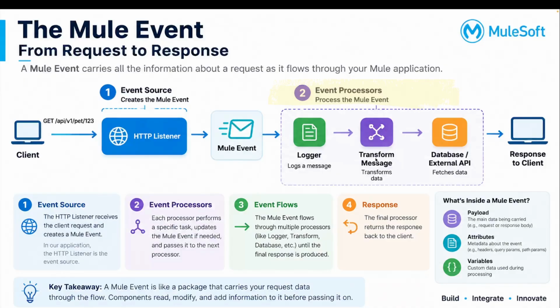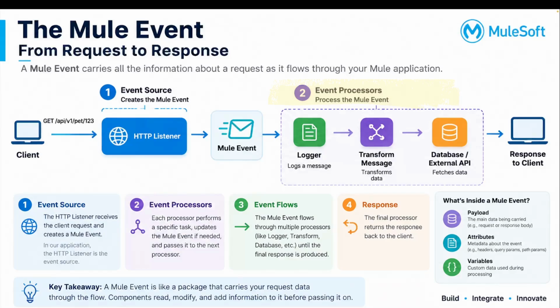Each processor receives the Mule event, performs its work, updates the event if necessary, and passes it to the next processor. You can think of it like an assembly line. The request enters the event source, then moves through the several event processors until the final response is produced.